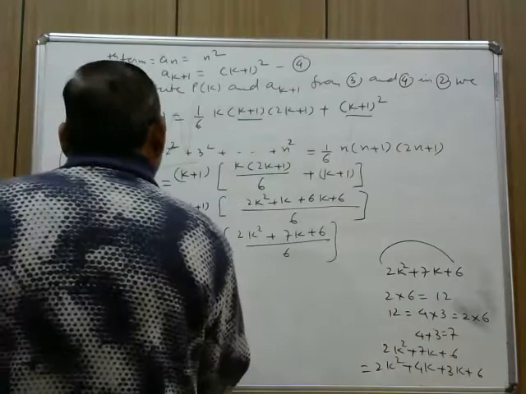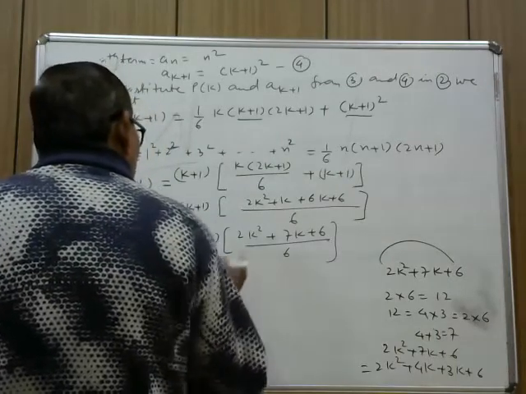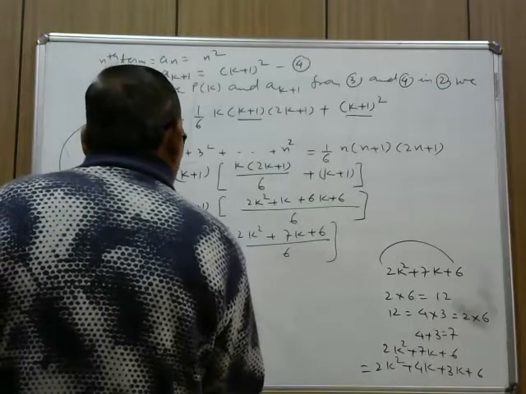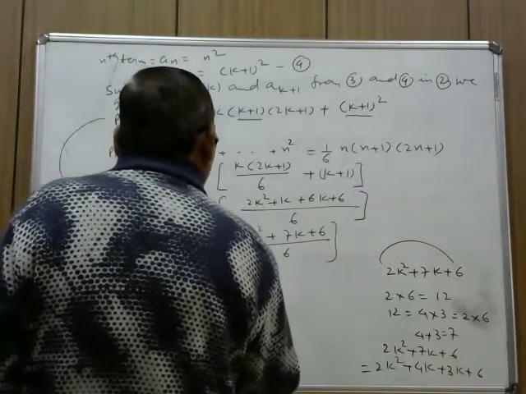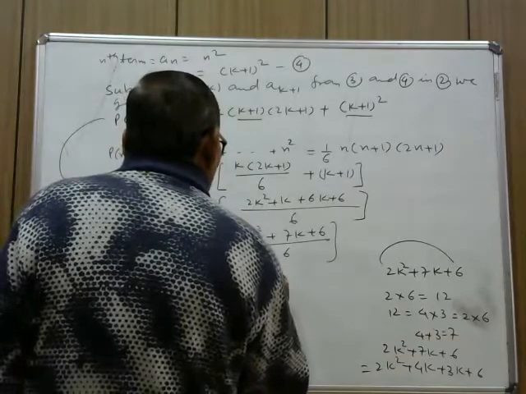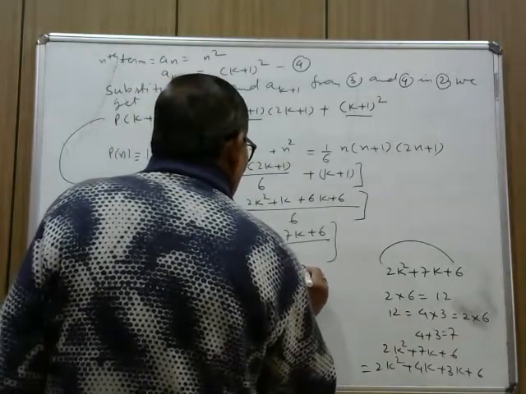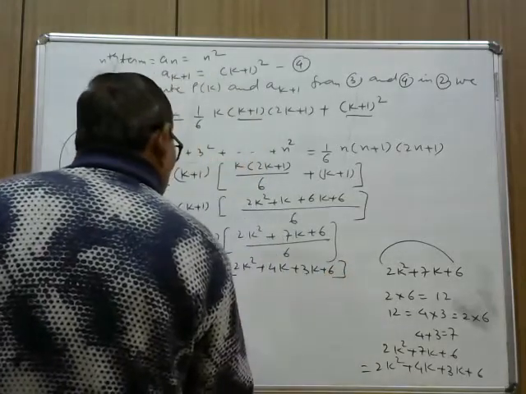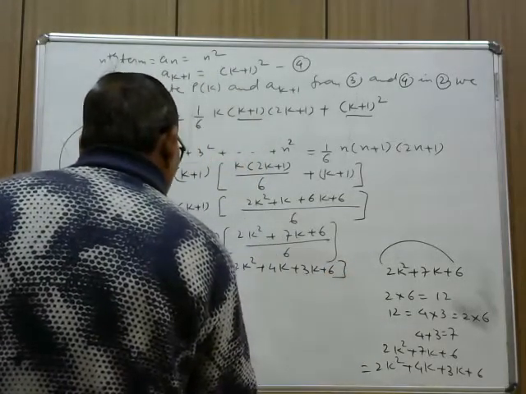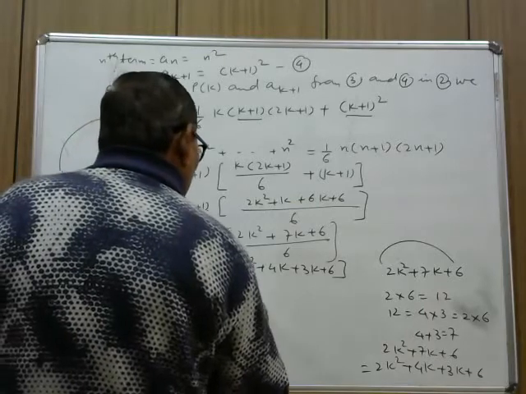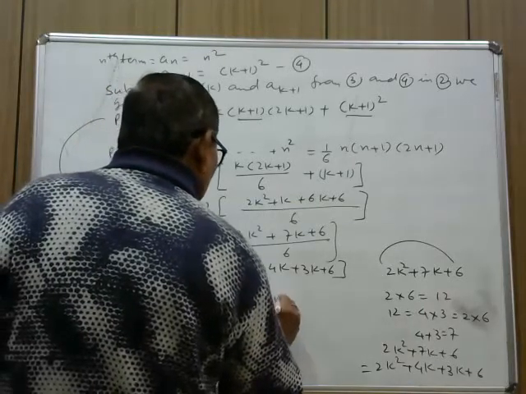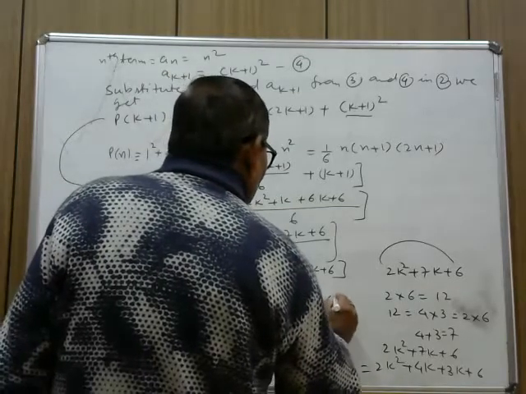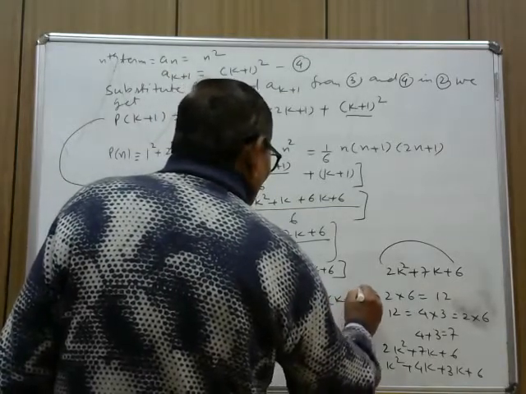So by applying splitting the middle term, you can factorize this expression: (k plus 1) by 6 in bracket 2k square plus 4k plus 3k plus 6. This is equal to (k plus 1) by 6 in bracket 2k inside (k plus 2) plus 3 inside the bracket (k plus 2).